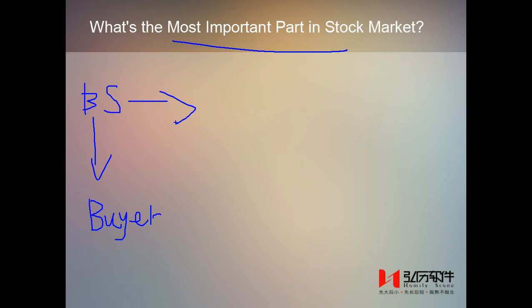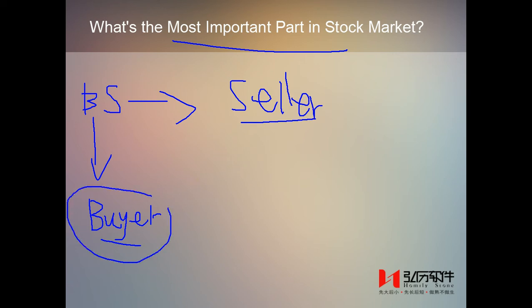If you want to sell a stock, then you will be the seller, right? This is different. In the stock market, you know the buyer's power is different from the seller's, right?